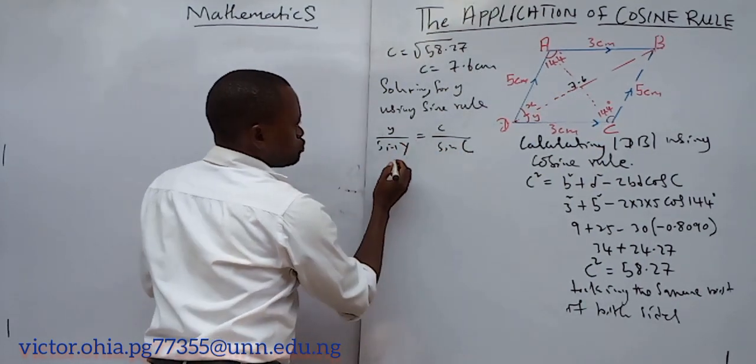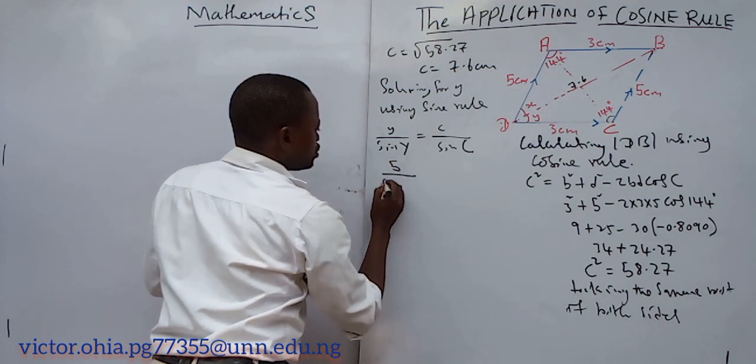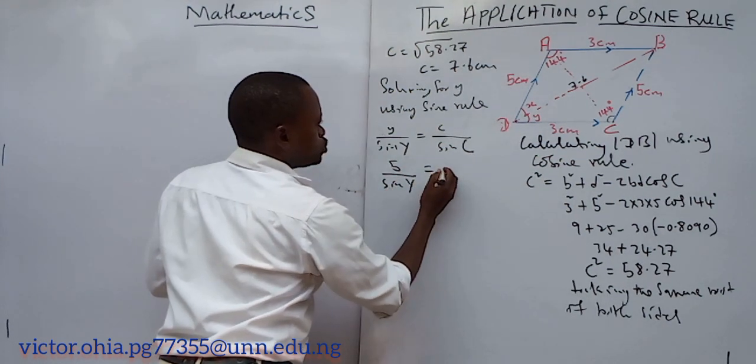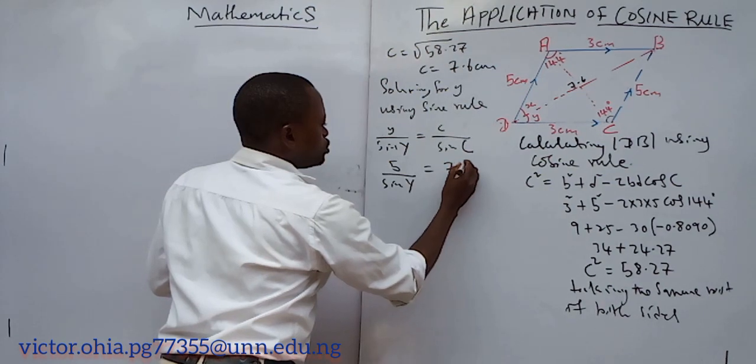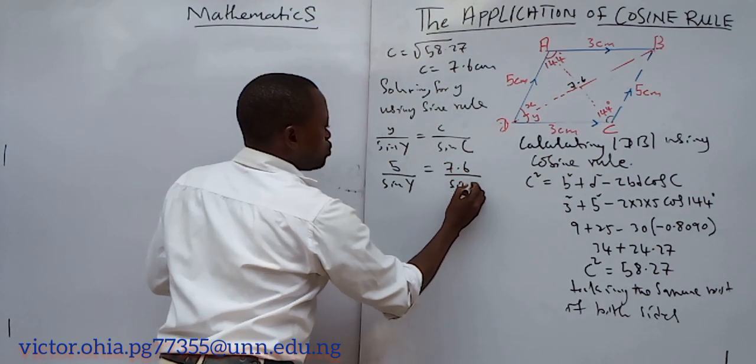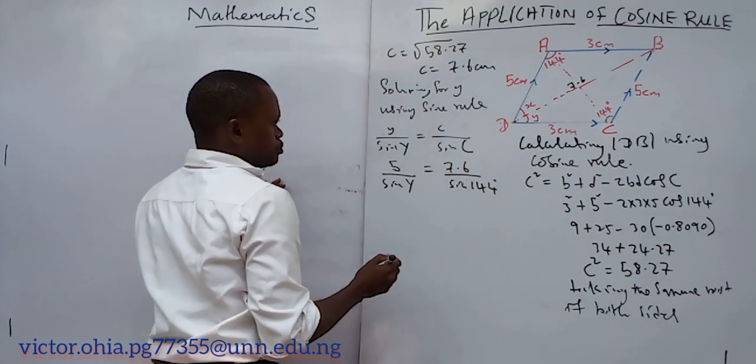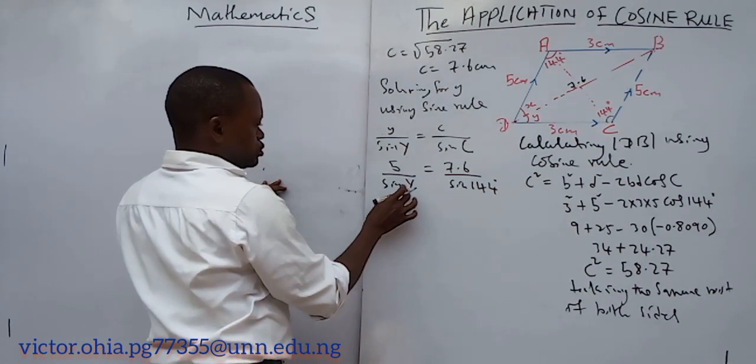So we will substitute and we will have 5 over sine capital Y equals 7.6 over sine 144 degrees. We are proceeding to getting this value, this angle here.